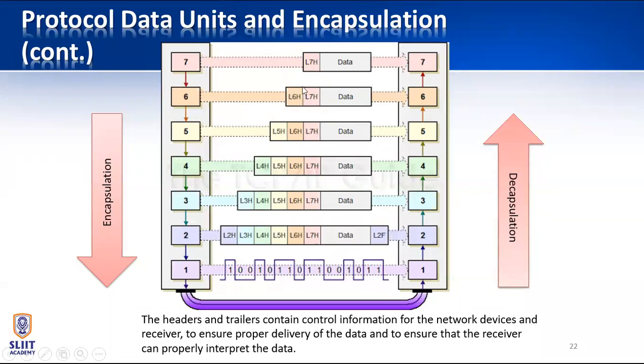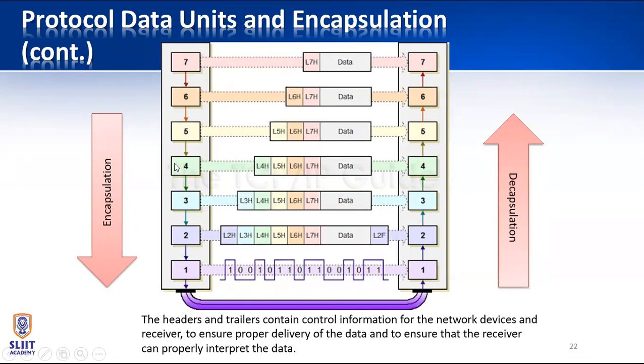So layer 7 header, layer 6 header will be added. Layer 5 header will be added in here. Layer 4 header, that is the transport layer header, is added. Layer 3 header or IP header is added. And from layer 2, it will add a header and a trailer. And finally, in the physical layer, it will be converted into binary.